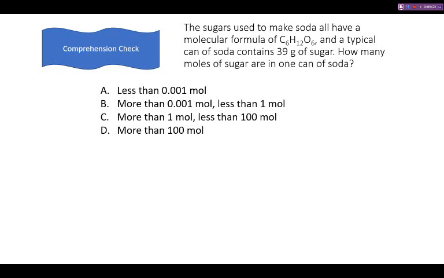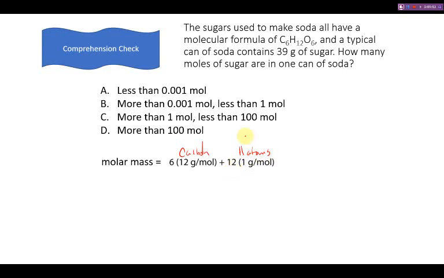Well, the way to solve for this is by determining the molar mass of the sugar. The molar mass of the sugar is found by multiplying the number of carbon atoms times its molar mass, or atomic mass, adding the number of hydrogen atoms.